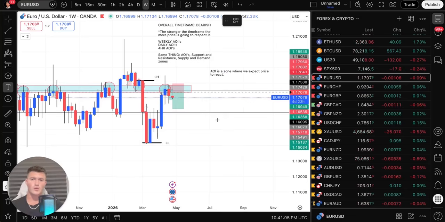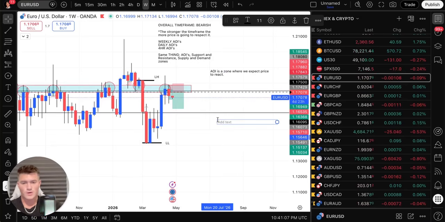Okay, so we want to make sure that we are finding an area of interest in between our lower high and lower low, since we are bearish and looking for sells.